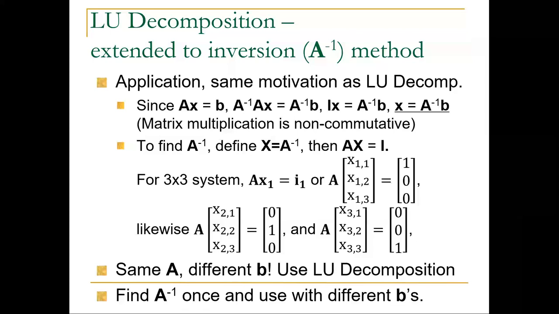Now, when I want to repeat the problem, all I do is change the B. When I repeat the problem, I have to do the 10 steps again. But when I do LU decomposition, the first 6 steps don't change. So I just use the whole first 6 steps. It's already solved, and I just do 6 more steps.